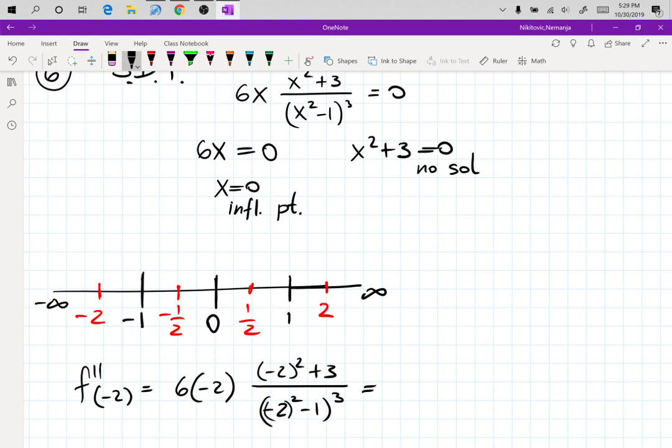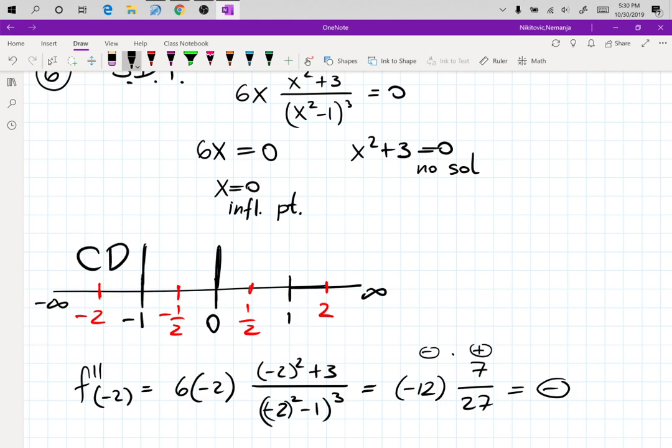Because you have a cube, you have to compute, because odd powers preserve the sign. Even powers are always positive, but odd powers are whatever the input is. So we have negative 12 times, on top we have 7, divided by, on the bottom, 4 minus 1, 3, 27. A negative number times a positive number is going to be a negative number. We have concave down in the first partition.